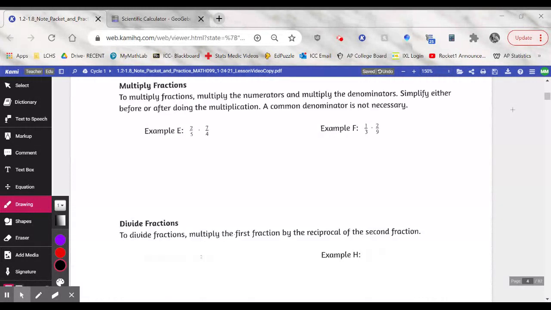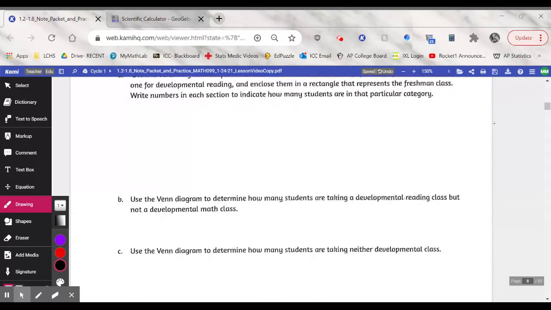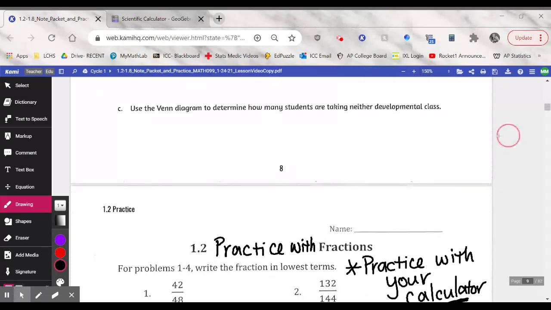When we are done with the notes section, you will see that they start being labeled as 1.2 practice. So like on page number 9, instead of saying 1.2 notes, it says 1.2 practice.